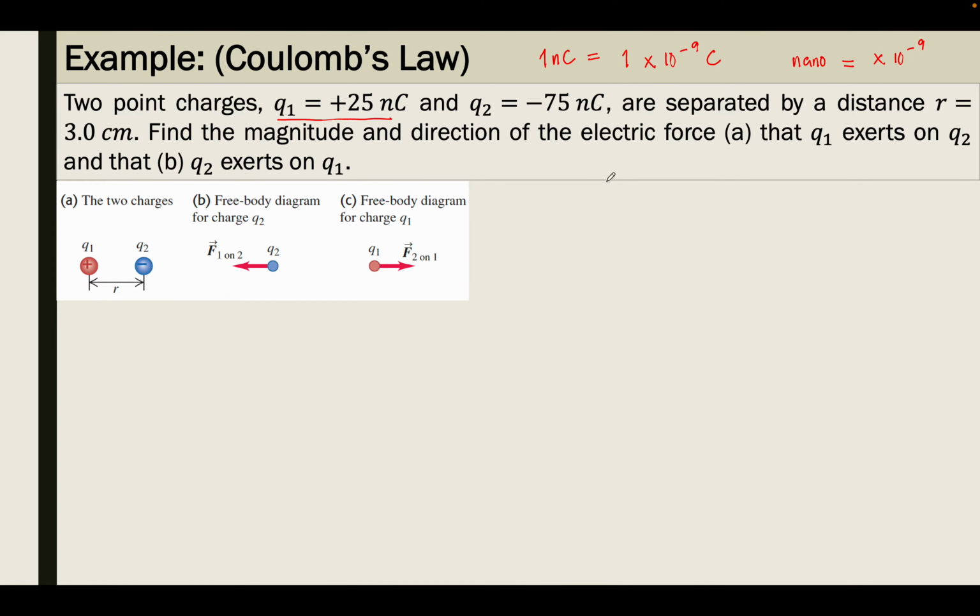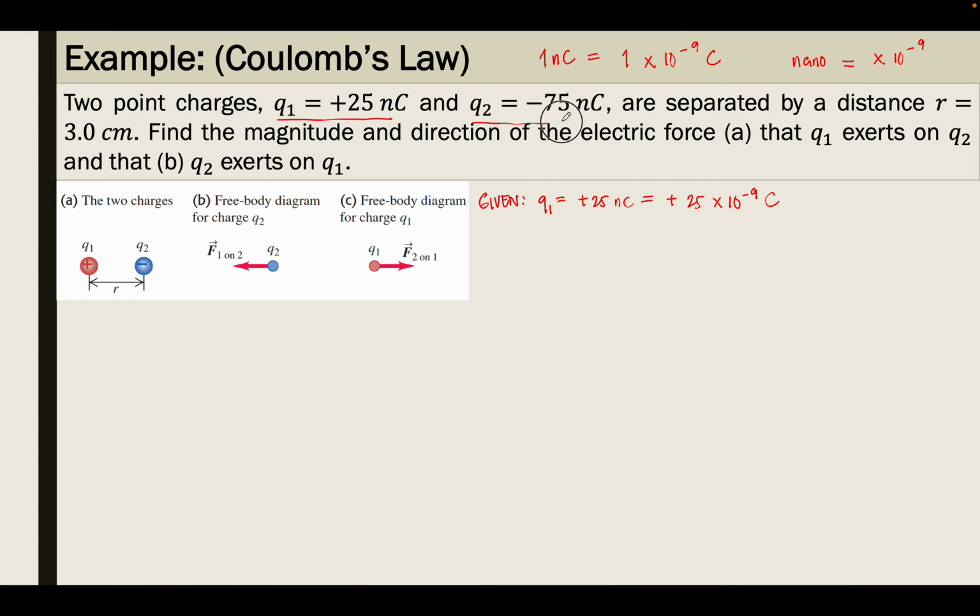So if we will rewrite Q1, so let's write the given values here. Q1 is positive 25 nano Coulomb, or it is equal to positive 25 times 10 to the power of negative 9 Coulomb. So that is the value of our Q1.